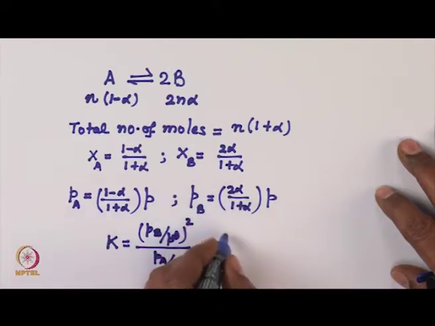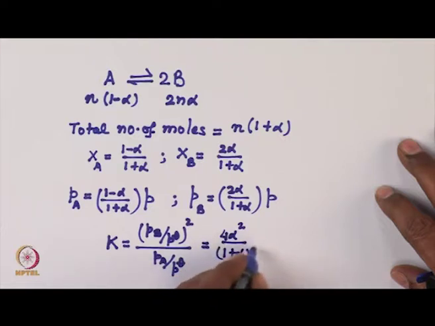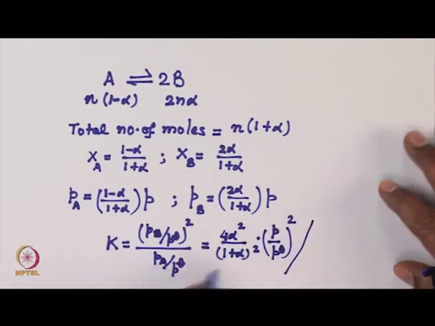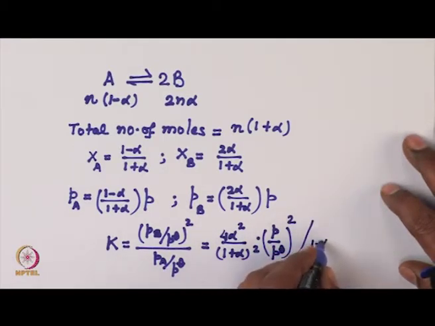PB will be 4 alpha square over 1 plus alpha square into P by P naught square, divided by PA by P naught, which is 1 minus alpha over 1 plus alpha into P by P naught.